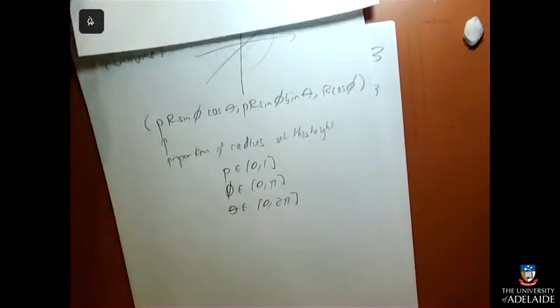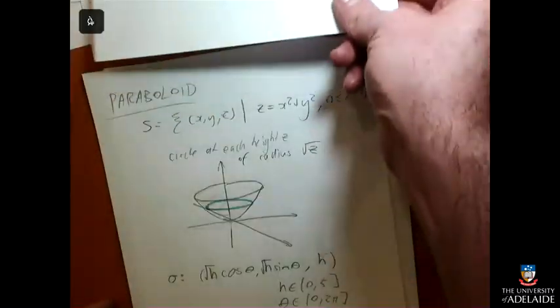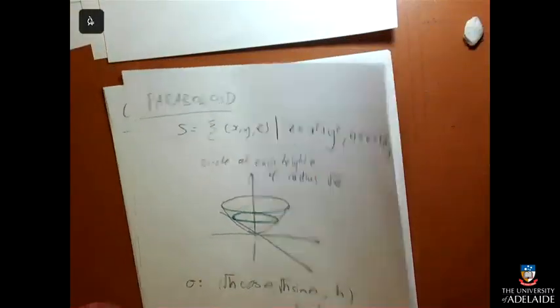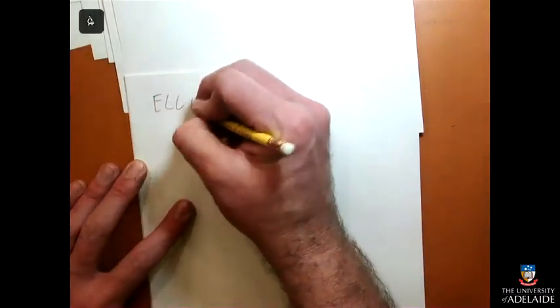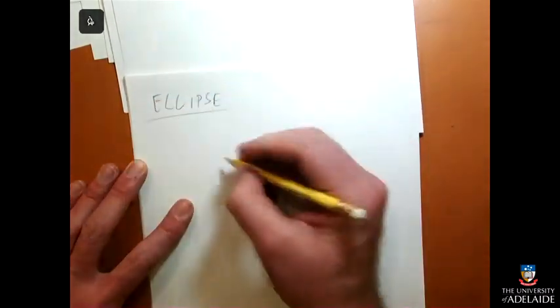The only other one I know that you probably aren't going to come up with, because you can't actually do most of the integrals involved, is an ellipse. So I have a parameterization for it, but most of the integrals that you want to do about them are impossible. So I'm going to show it to you anyway because it's nice.